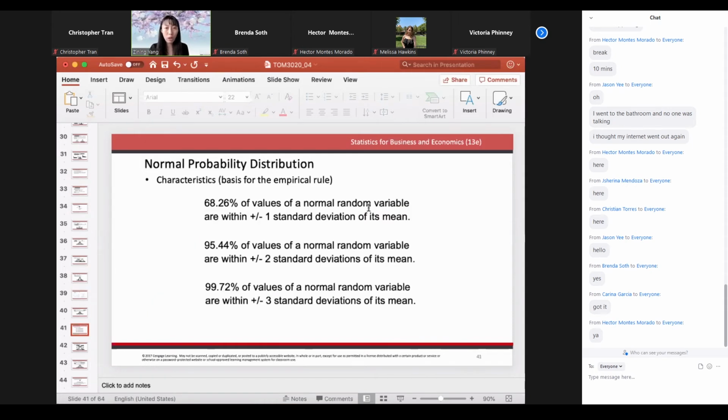So we then want to use what we call the empirical rule. You will get this in the homework. In homework, I do ask you to use the empirical rule to estimate a few things. So what is the empirical rule?